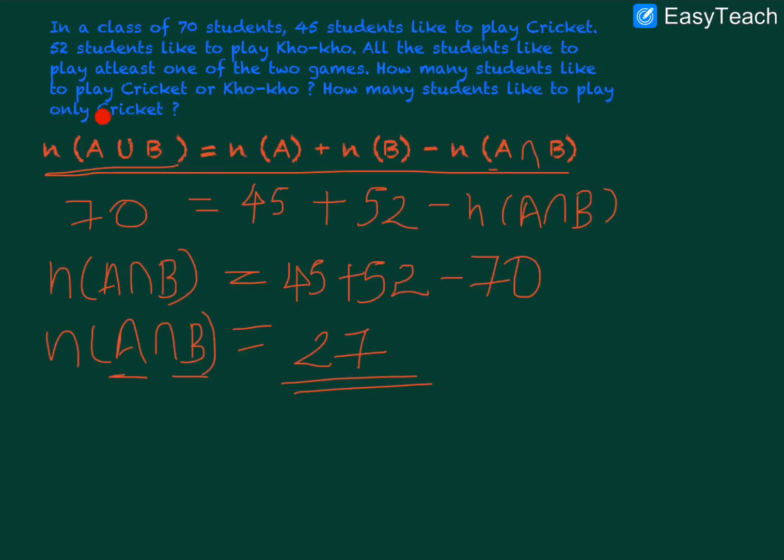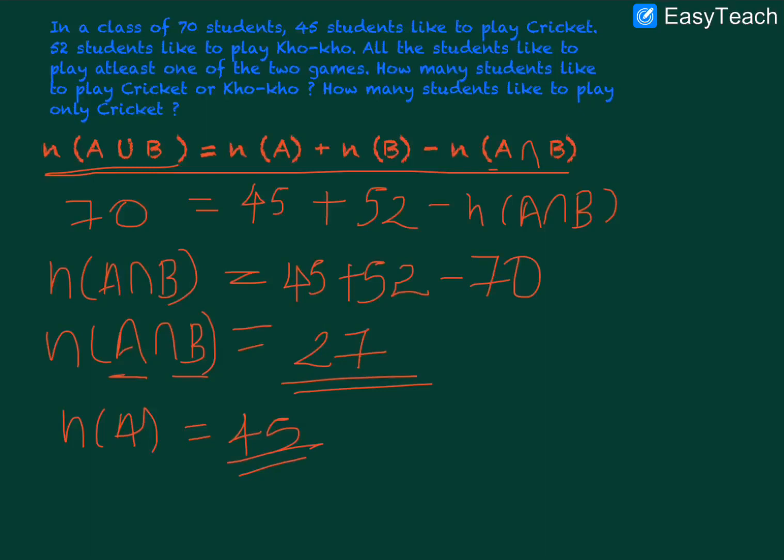So what is the question, how many students like to play only cricket. The number of students who like to play cricket is 45, that is n of A is 45. So we have to find from this 45 who like to play only cricket.